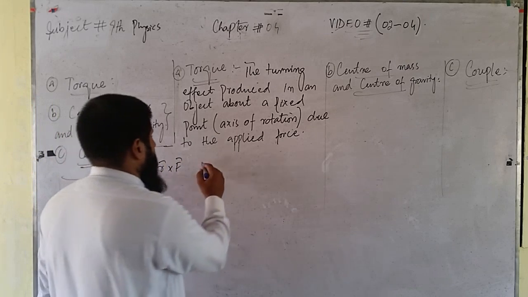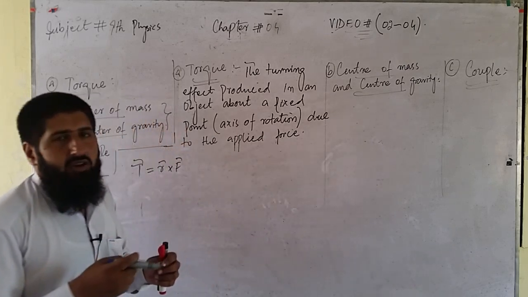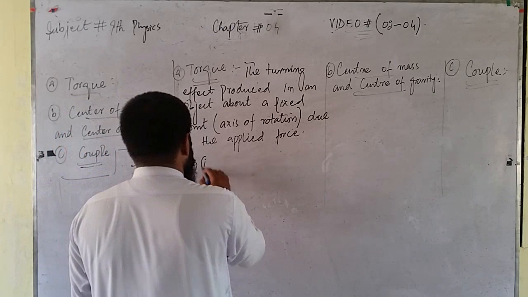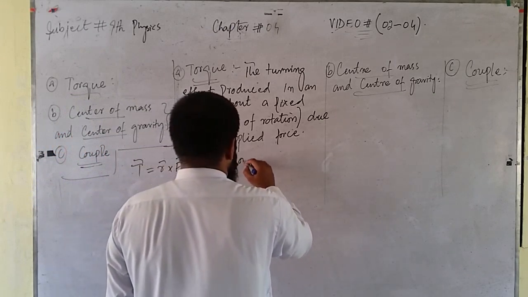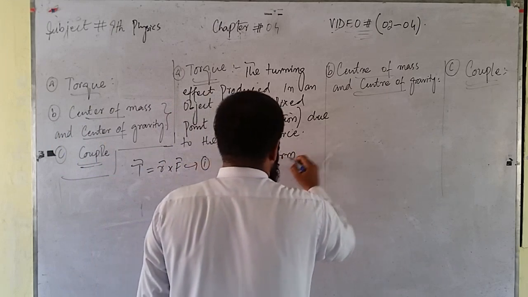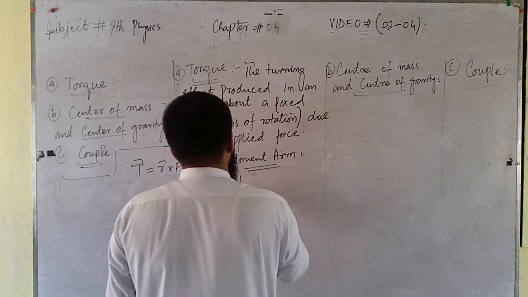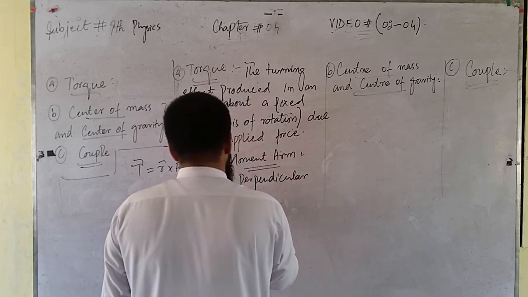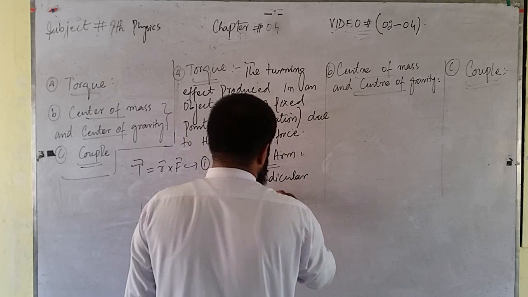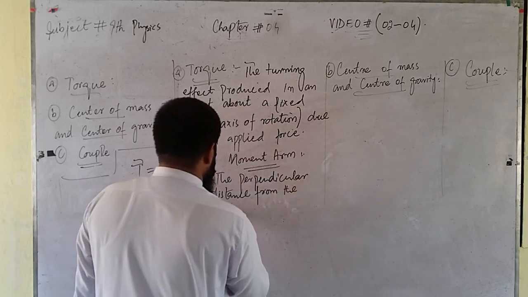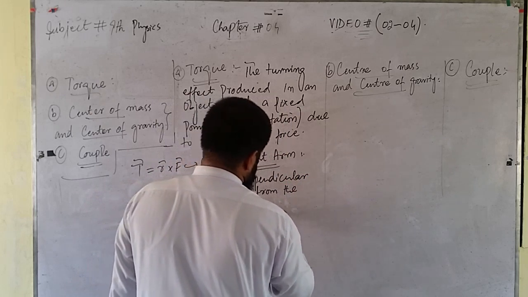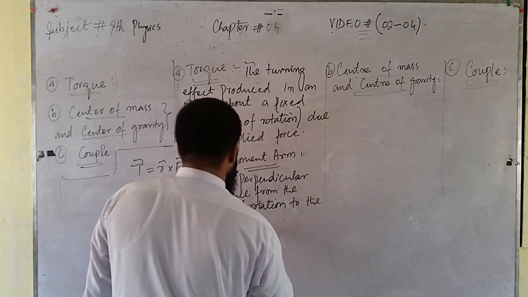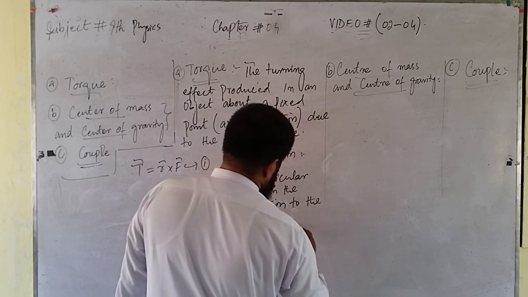Moment arm can be defined as the perpendicular distance from the axis of rotation to the line of action of force.